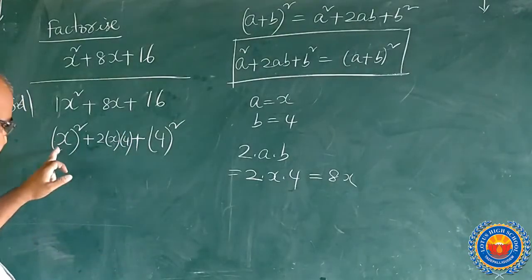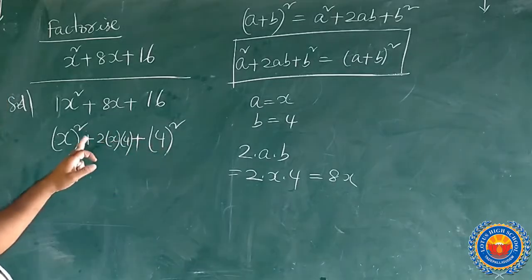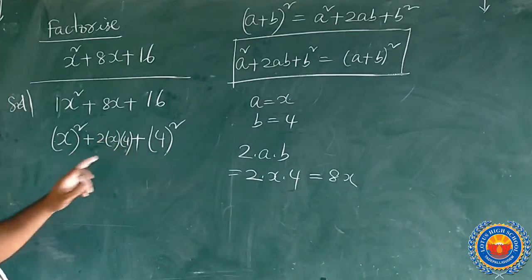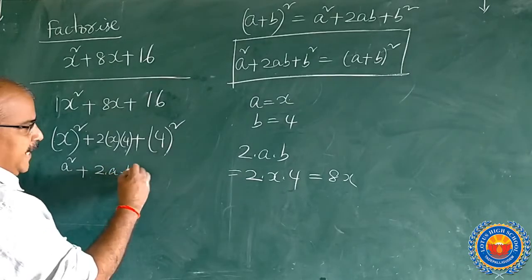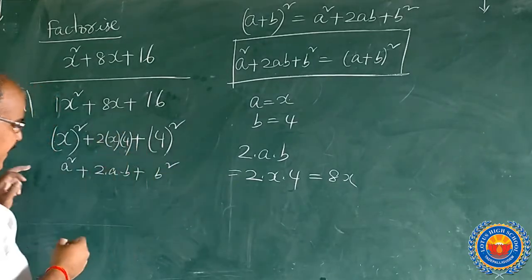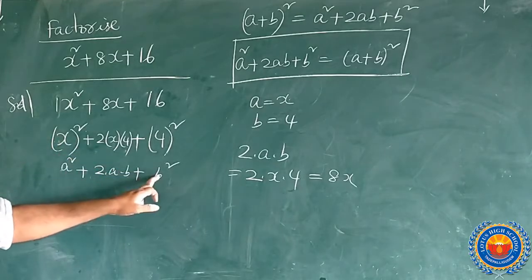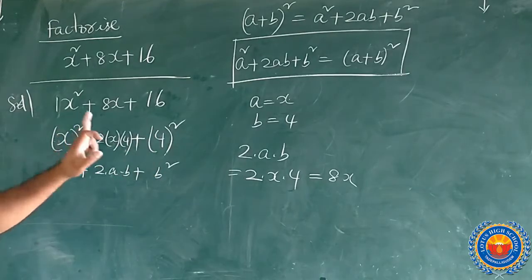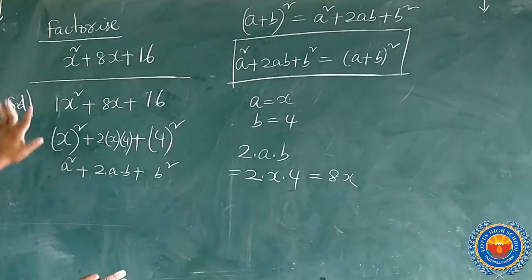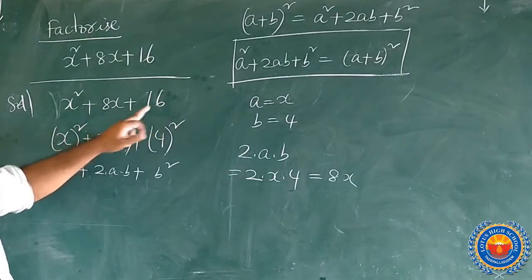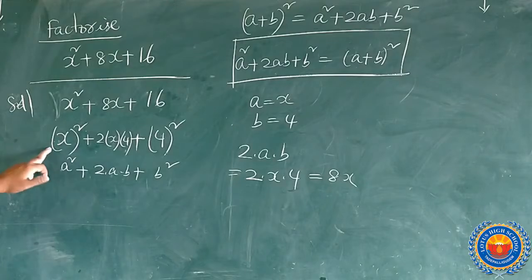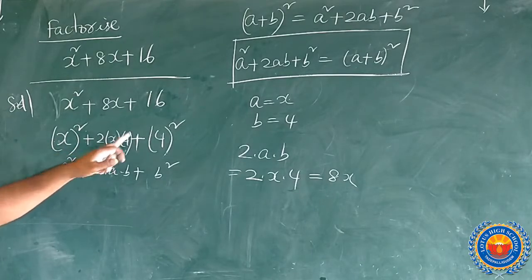Now you check A square plus 2AB plus B square, with A for x, B for 4. Now this x square plus 8x plus 16 I have written like this: x whole square plus 2 into x into 4 plus 4 square.